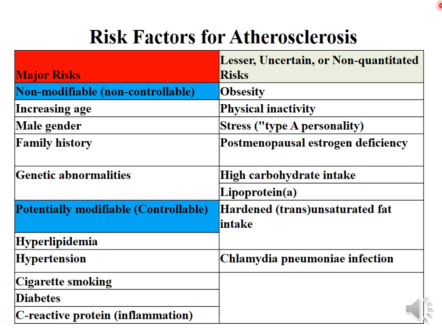Less certain or less quantified risk factors include obesity, physical inactivity, stress, certain hormonal deficiencies like postmenopausal estrogen deficiency, dietary factors like high carbohydrate intake, and lipoprotein abnormalities.